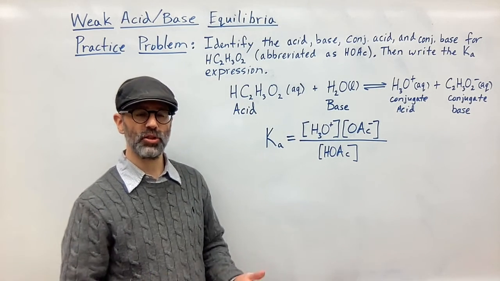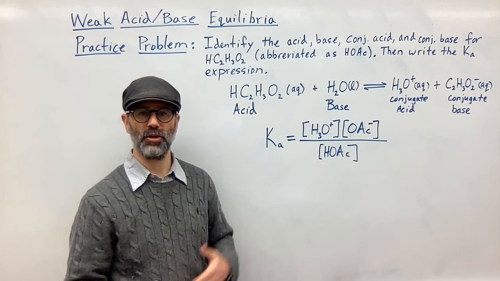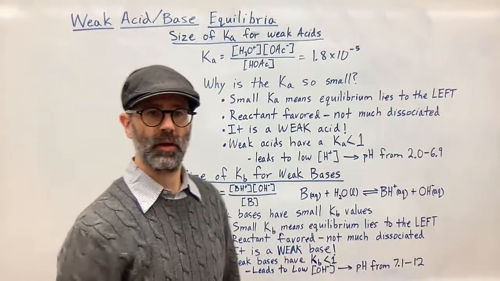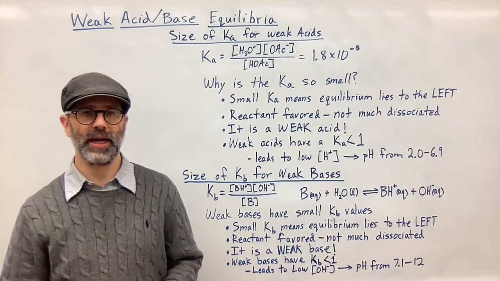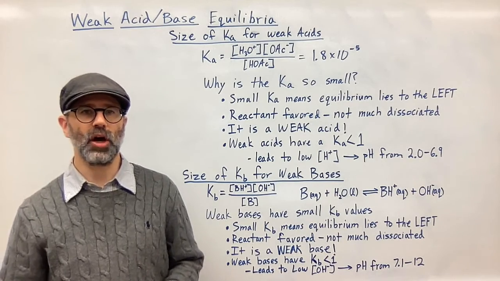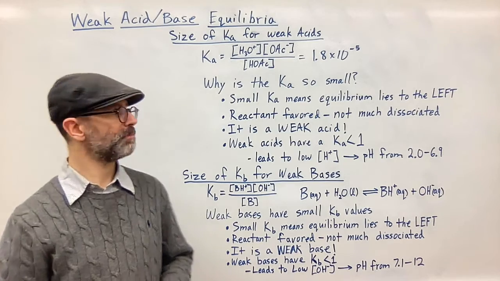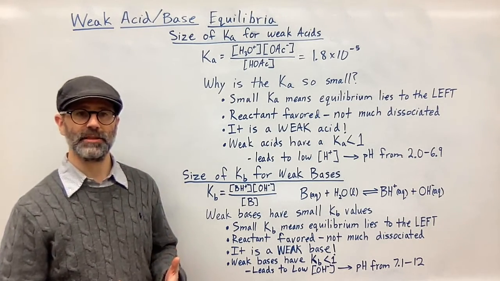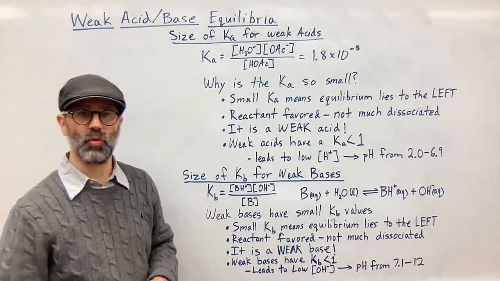Okay, let's look more at Ka and Kb and talk about their sizes. Let's look first at the size of Ka for the weak acids. We just did a practice problem involving acetic acid, and here's our Ka expression for that reaction with water.